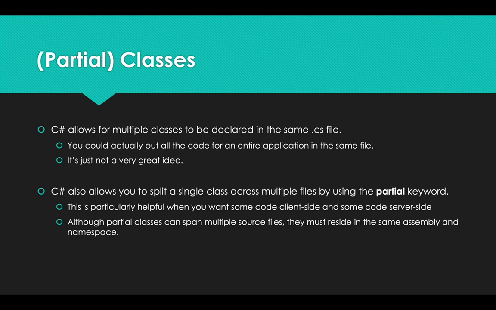So what you cannot do is span an assembly with a partial class, because the compiler will not understand where the code is to generate the rest of the runtime code to actually be run in the virtual environment. So while you can span multiple physical files, you have to put them in the same assembly, in the same namespace, so that the compiler can link and keep everything together.